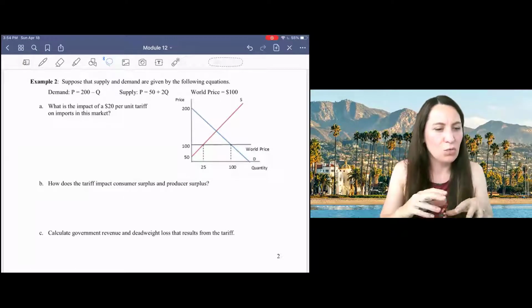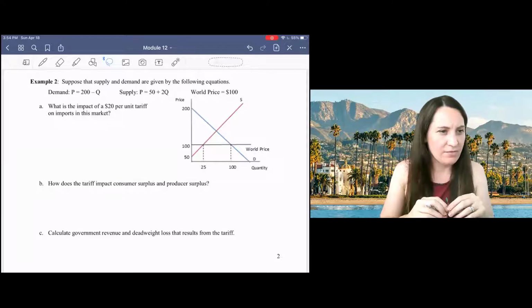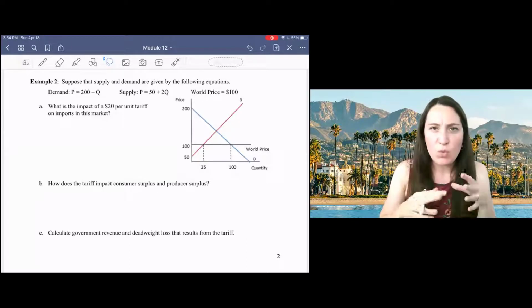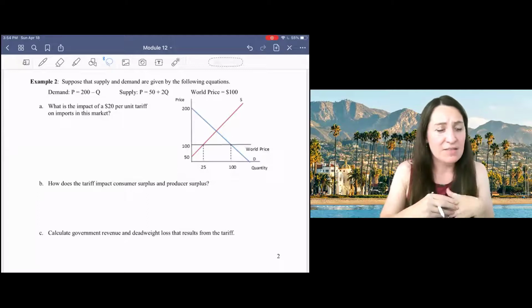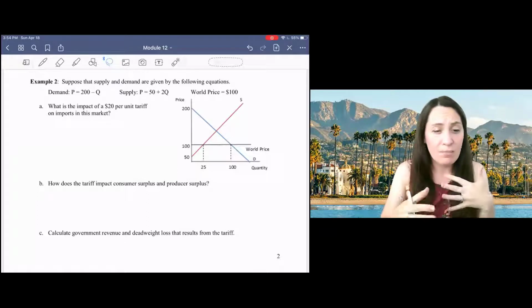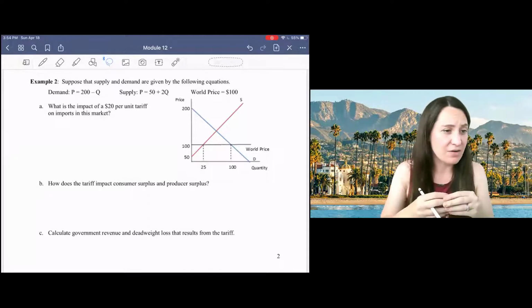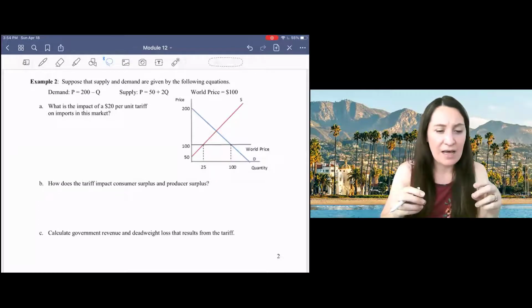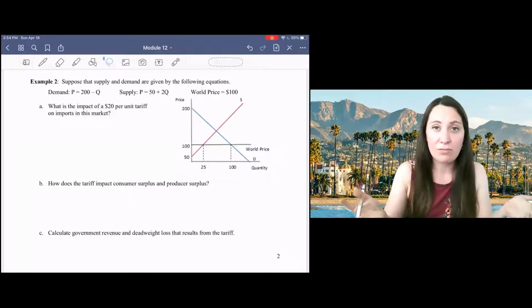In this example, we'll show the impact of a tariff on the market for a product. We'll always start here with an importing market, since that's by far the most common type of market that we would see a tariff. And you can see that I've already worked out for us what's happening at the open trade point.